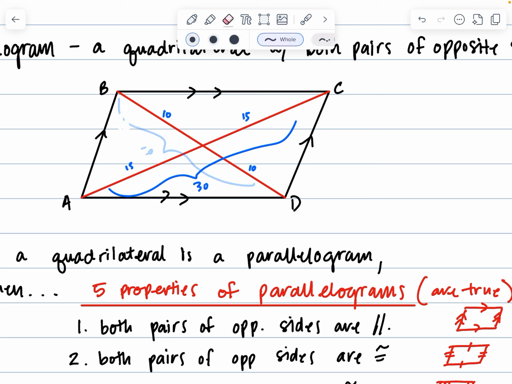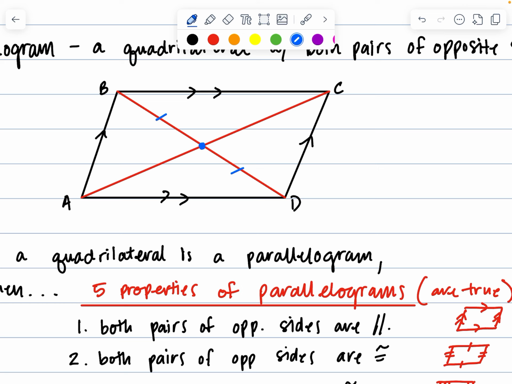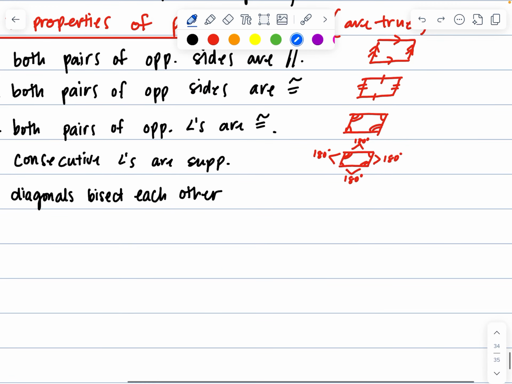In other words, they bisect each other. They are cutting each other in half. An easier way to show this is to just put tick markers, okay? So for instance, I would put 1 tick to show that this point in the middle is bisecting, or the midpoint of BD. It is also the midpoint of AC. So there, it is a bisector. They bisect each other, okay?